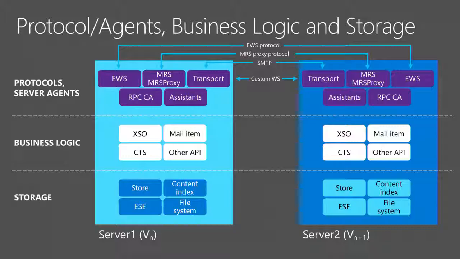So EWS talks to EWS, transport talks to transport, and so forth. Transport will never talk to store on another server. That type of communication is now banned in both 2013 and 2016.